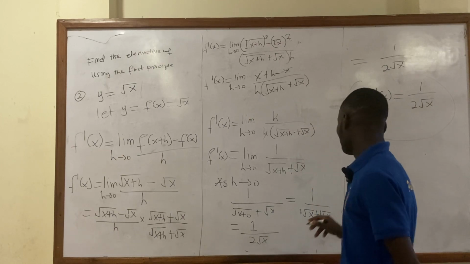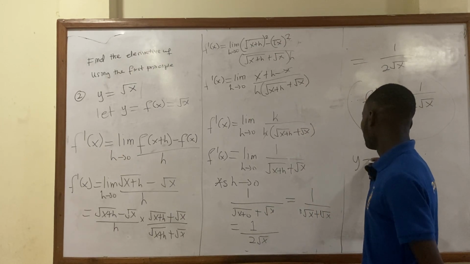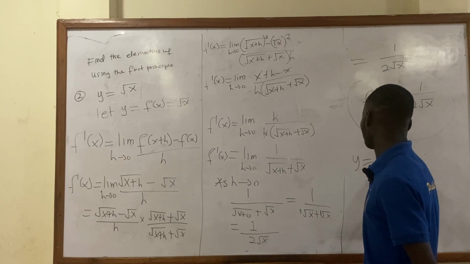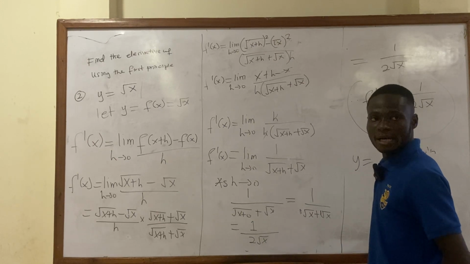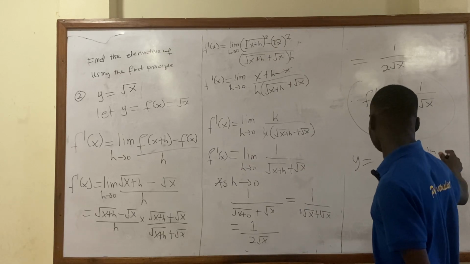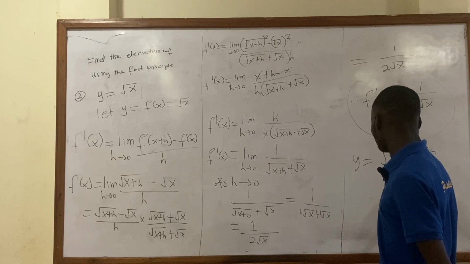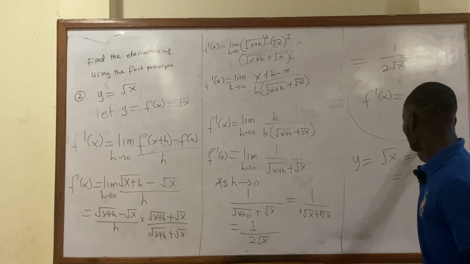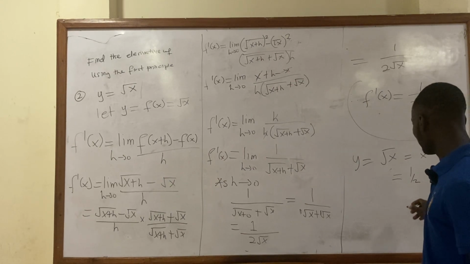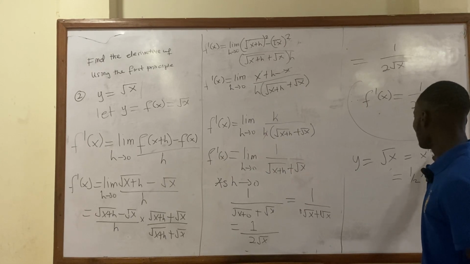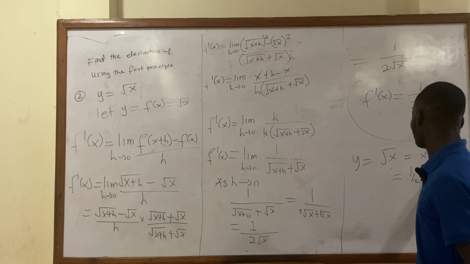All right. The power rule says that if you have root of x, this is the same as x power half. When you use the power rule, we bring the half in front, then we subtract 1 from the power, and that will give us minus half.